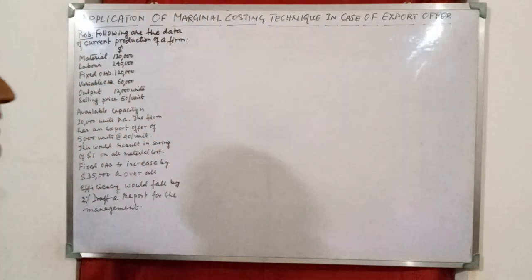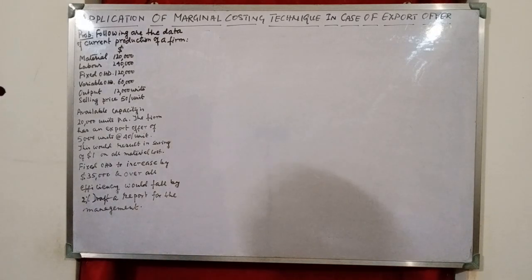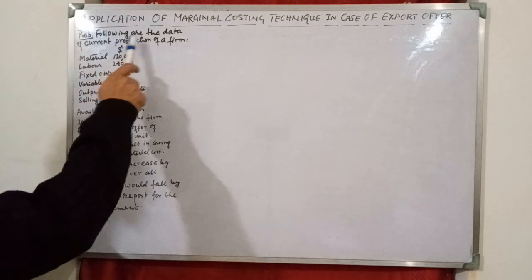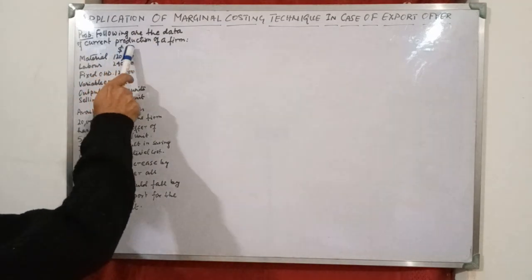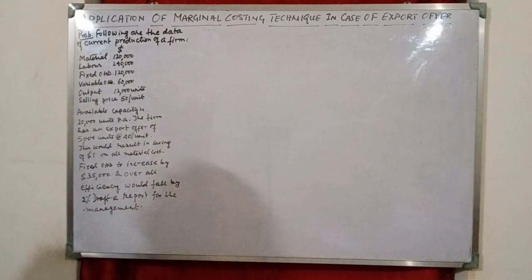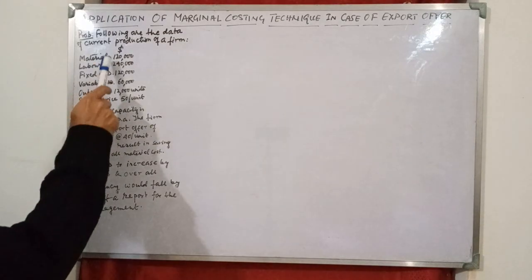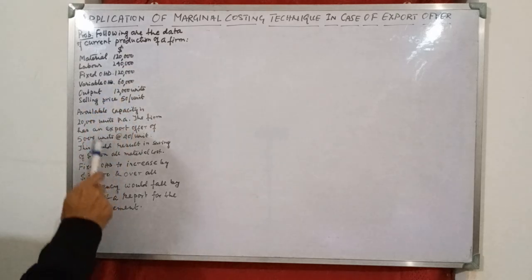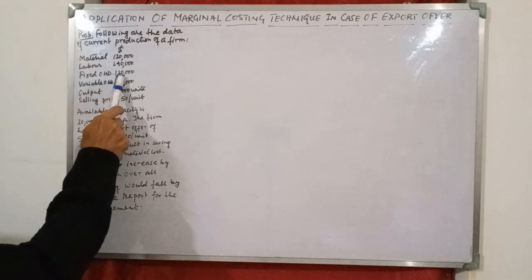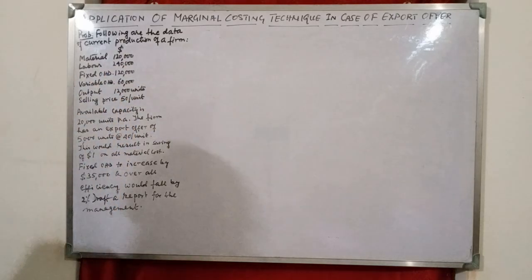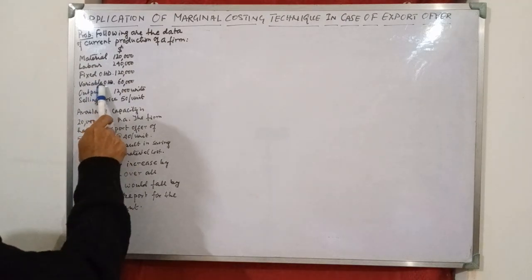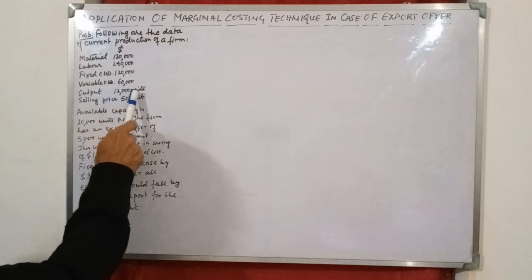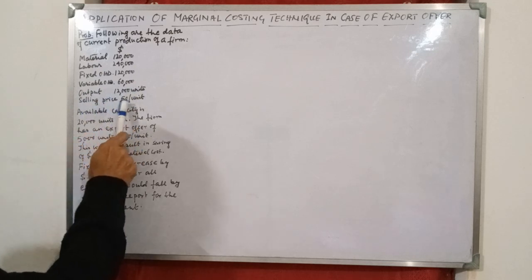Here we have taken one numerical problem, and the problem goes like this. Following are the data of current production of a firm. Material cost 120,000, labor cost 240,000, fixed overhead 120,000, that is fixed overhead per annum, variable overhead 60,000, output 12,000 units, selling price 50 per unit.